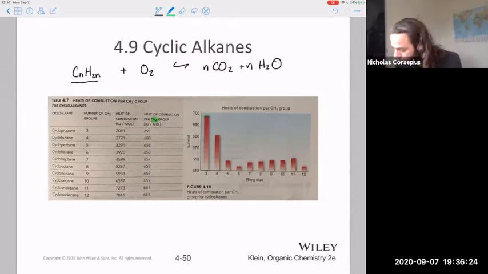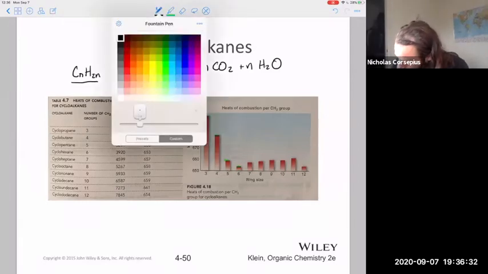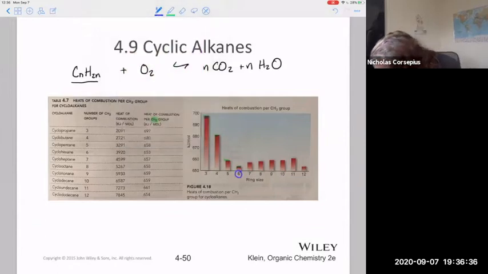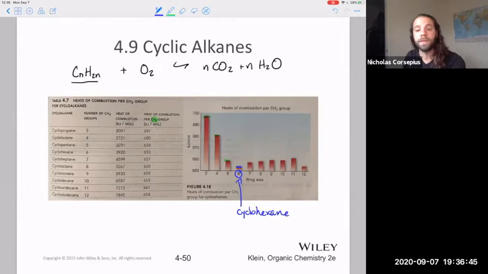Cyclopropane is really, really high compared to all of the other ones. And we see that cyclohexane, right? So when the ring is 6 carbons, this would be cyclohexane, is sort of at this minimum here. It's got the lowest heat of combustion.